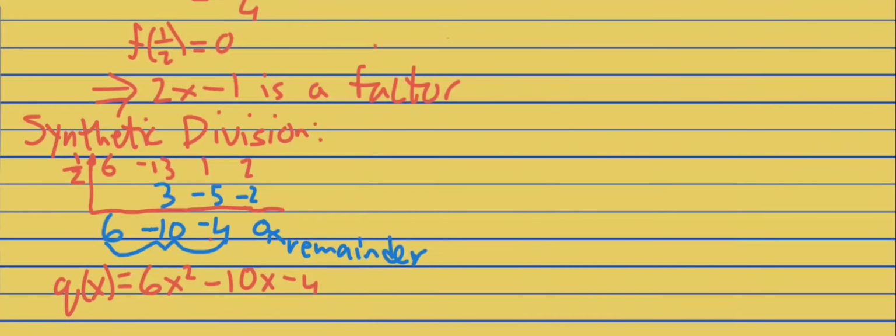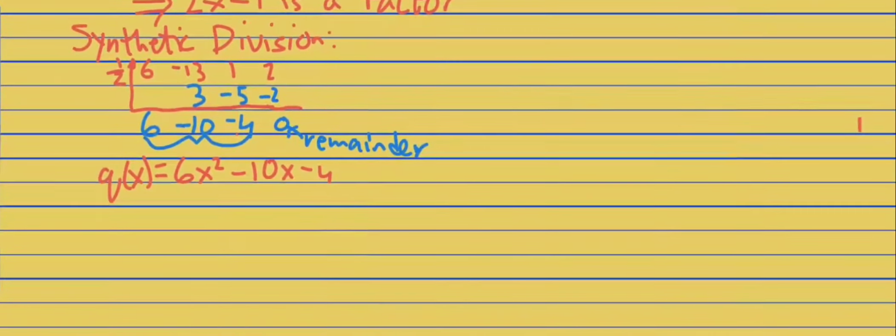But here's the thing. If we were to do long division right now, would we get that exact quotient? The answer is no. The quotient we will get is actually 3x squared minus 5x minus 2.